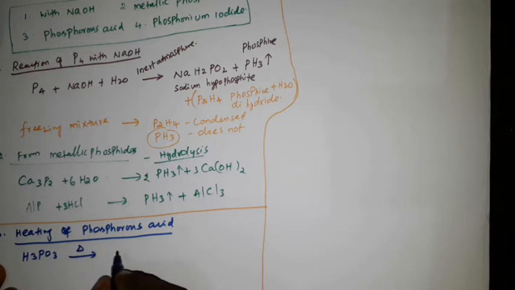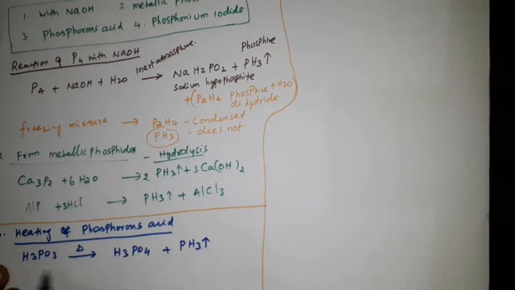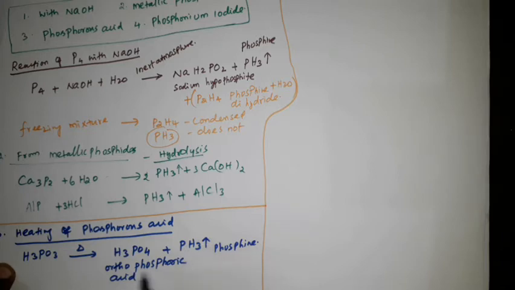We will get orthophosphoric acid, H3PO4, plus PH3. This is orthophosphoric acid and this is phosphine. Now balance the equation. Put 3 and put 4 here. Now the equation is balanced.